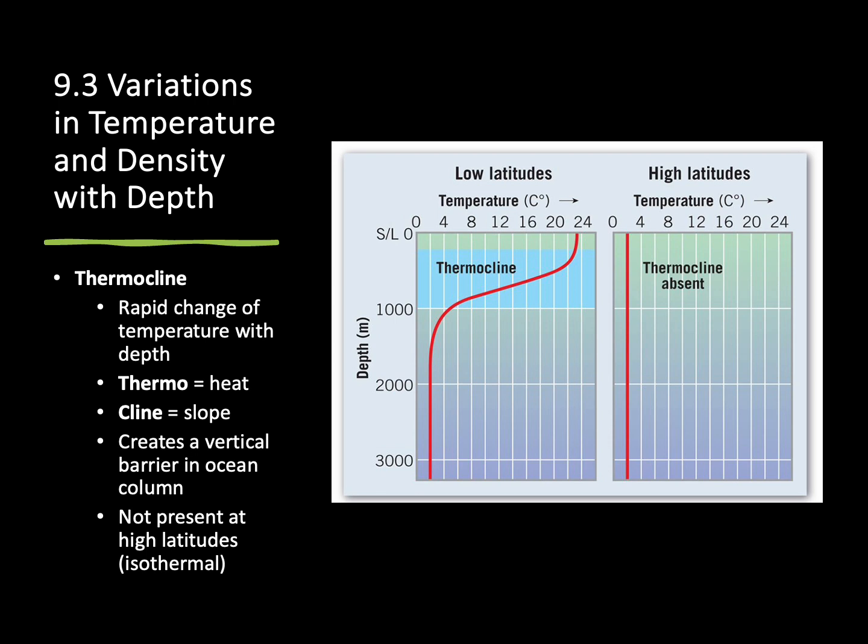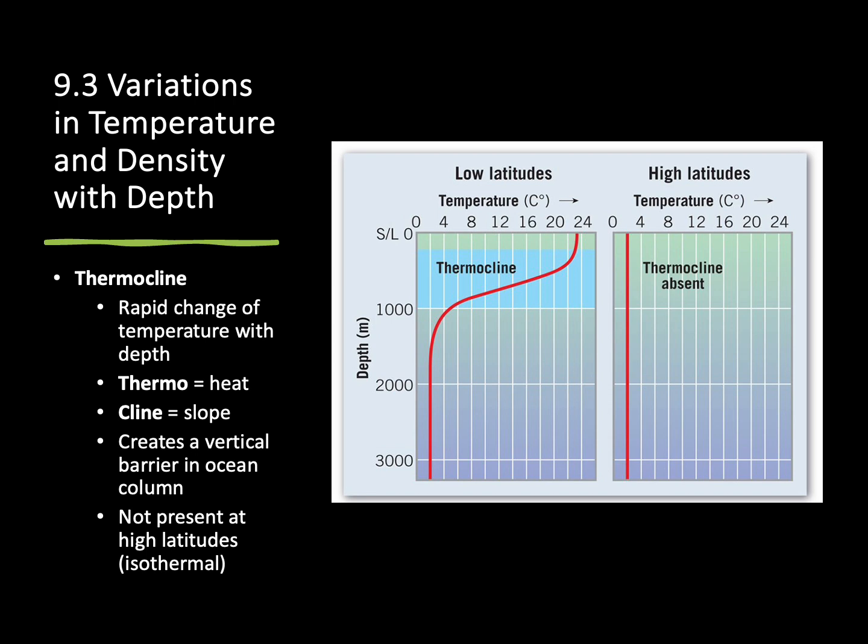If we're at a low latitude where we get lots of sunlight, we're going to see that a thermocline develops. A thermocline is just where we see a really rapid change of temperature as we increase our depth, or get lower inside of our oceans. The thermocline happens in the upper 1,000 meters of our oceans, and here it creates a vertical barrier in our ocean.